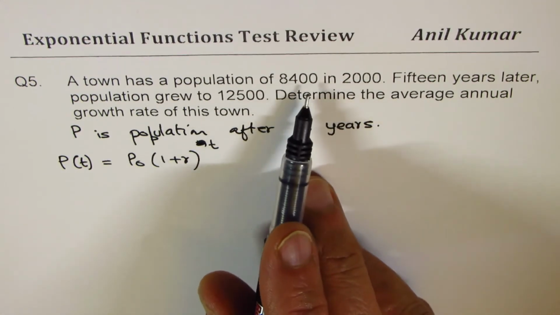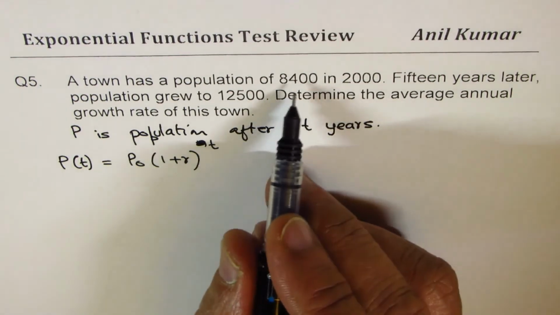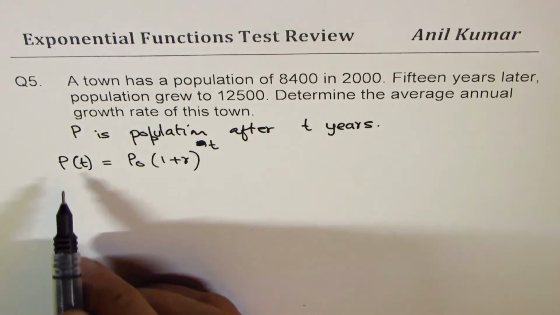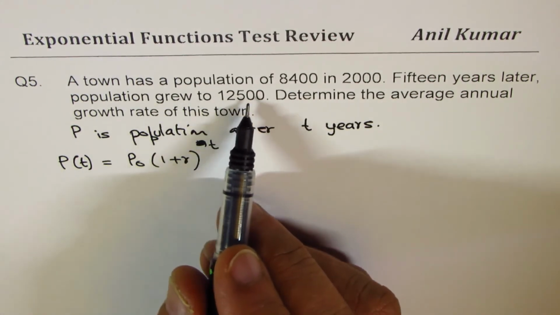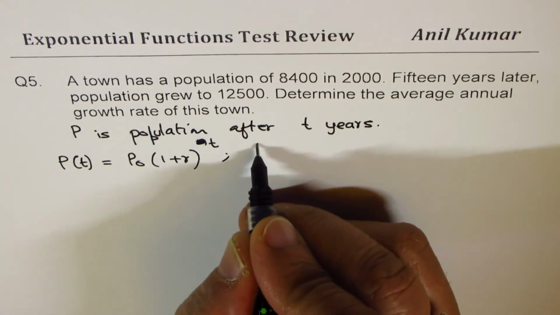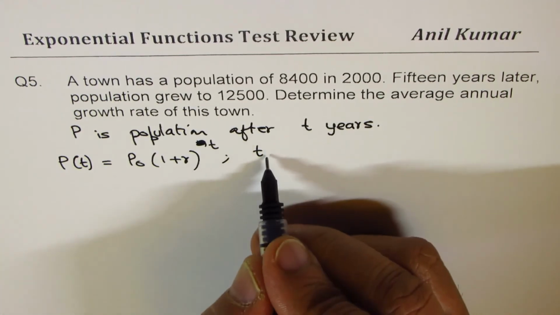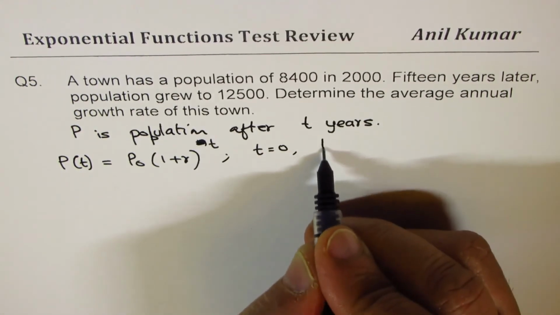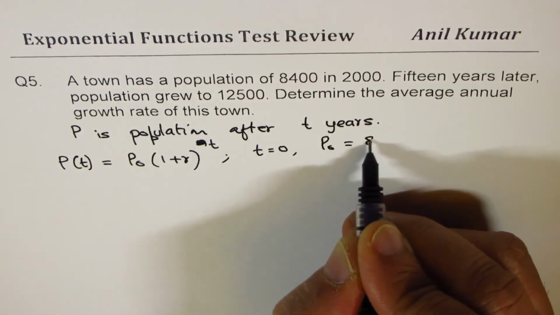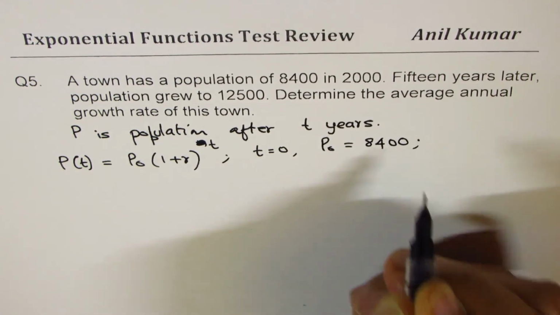Now here, the initial population is 8,400 and the population after 15 years is 12,500. So we can write when t is equal to 0, the initial population is 8,400, right?